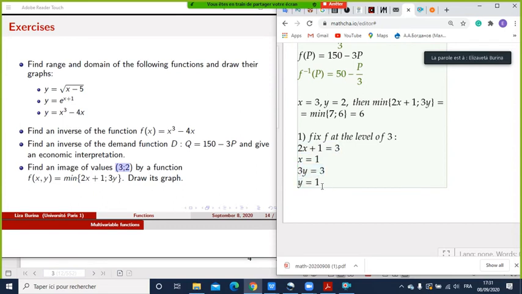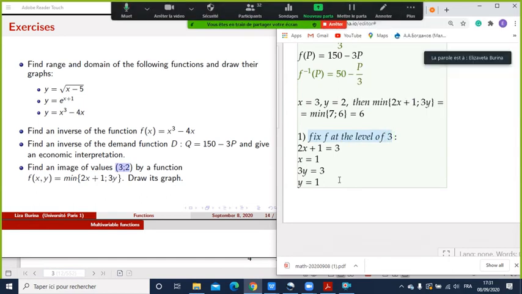And if we increase both of them, then the level will increase. So this is the starting point. Just think of it as a minimum for x and y to stay at the level of 3.